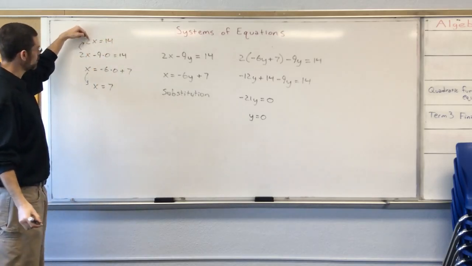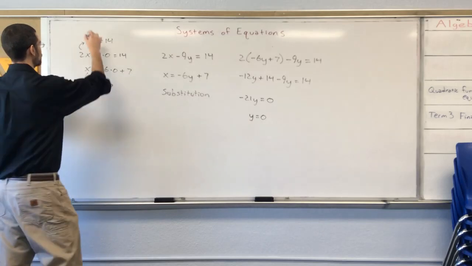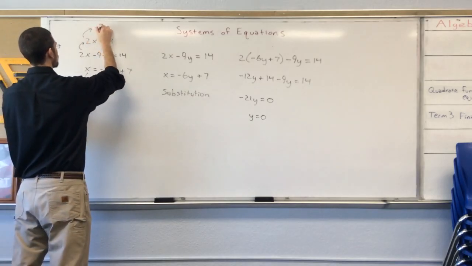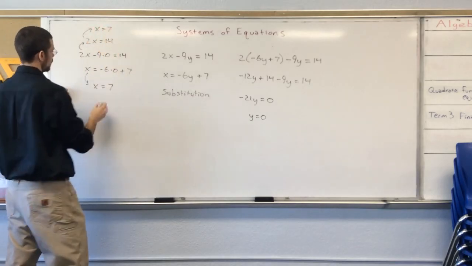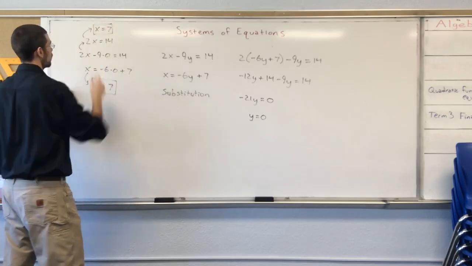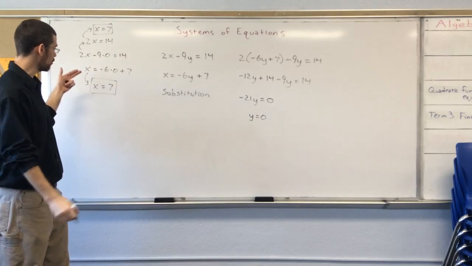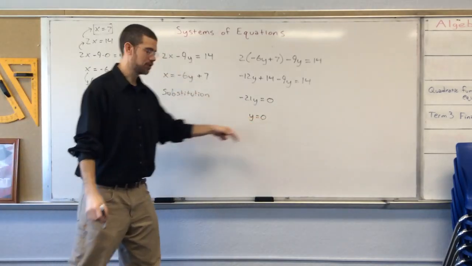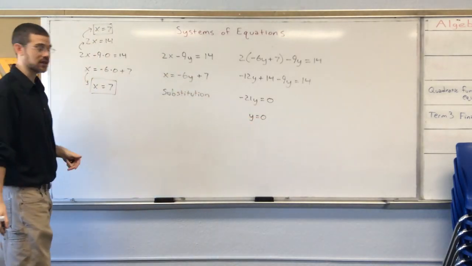And if we divide by 2, we get x equals 7. And you'll notice that these are both the same equation. So we now know that y has to be 0 and x has to be 7.